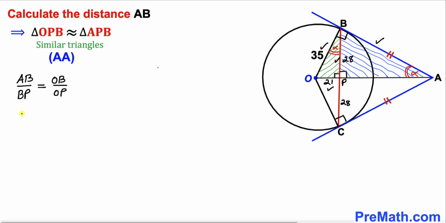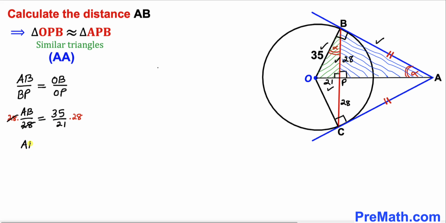So therefore I can write AB divided by 28 equal to 35 divided by 21. Let's multiply both sides by 28. 28 on this side as well. And here 28 and 28 cancel each other out.